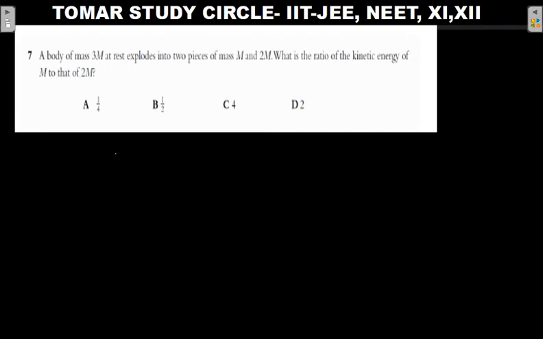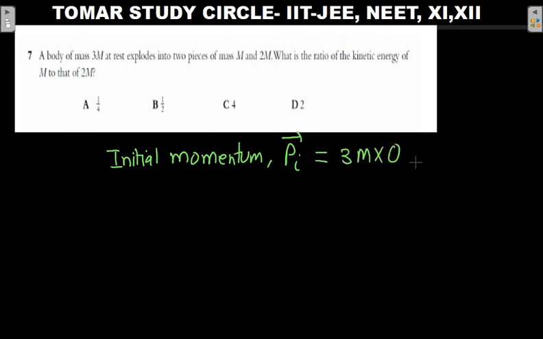The initial momentum p_i of the body will be equal to the mass of the body, 3m, multiplied by its velocity, that is 0. The initial momentum is 0.